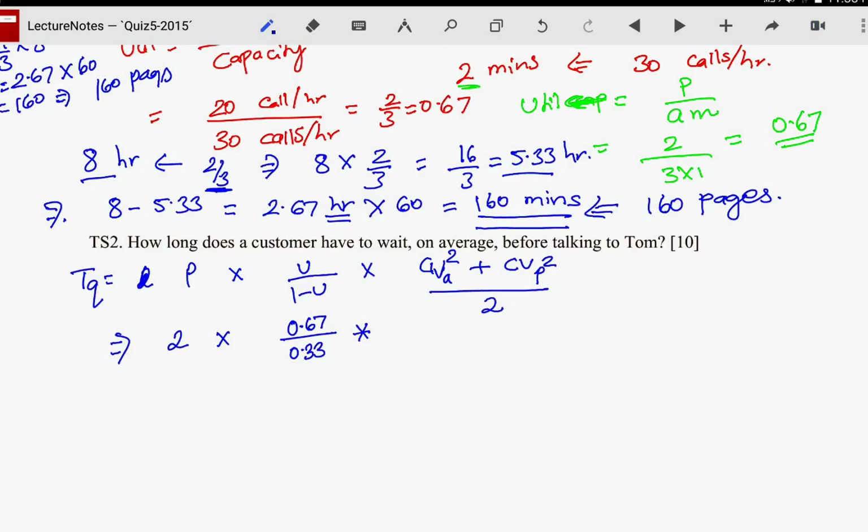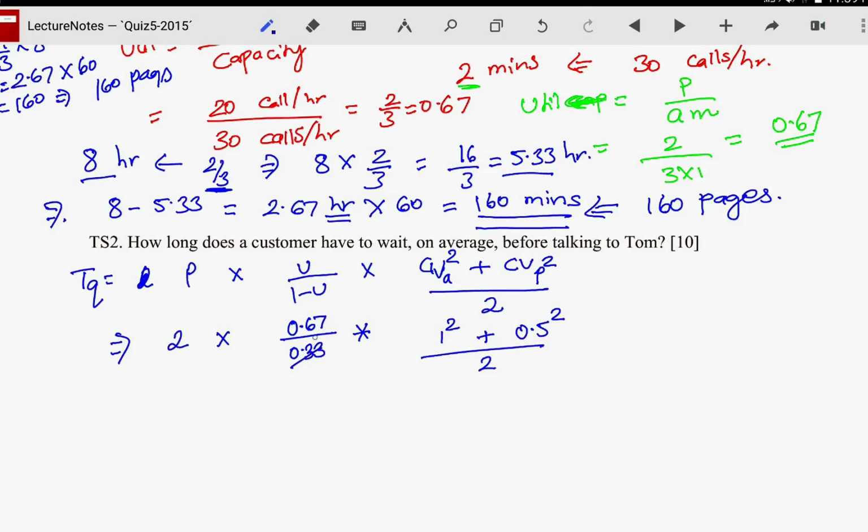Okay, your processing time is 2 minutes times your utilization is 67% divided by 1 minus 67, which is 0.33, times CVA. Well, if you look up, you will see the activity time is 2 minutes, and the standard deviation of the activity is 1 minute. So your CVP is 0.5. Your inter-arrival time is 3 and its standard deviation is also 3, so CVA is 1, and 1 square plus 0.5 square divided by 2. Okay. You can solve this.